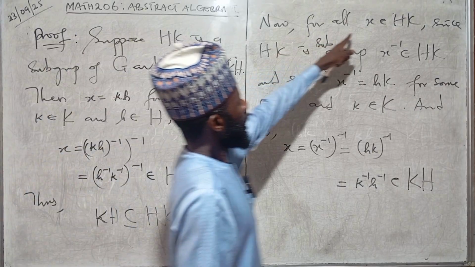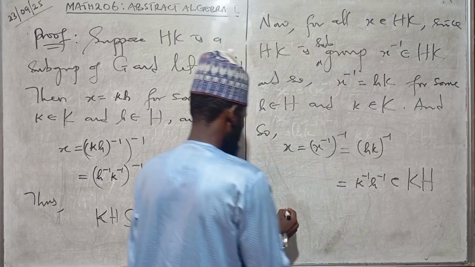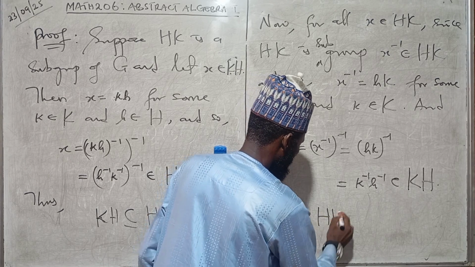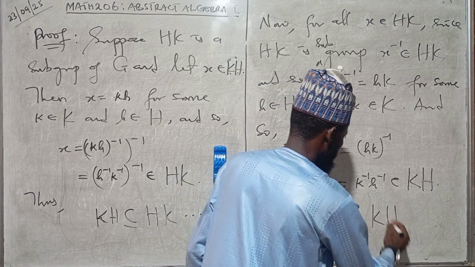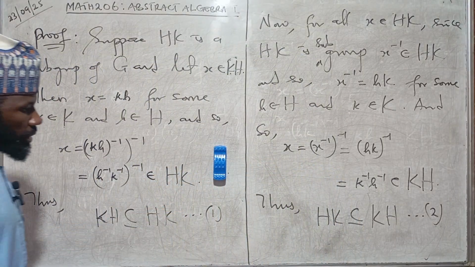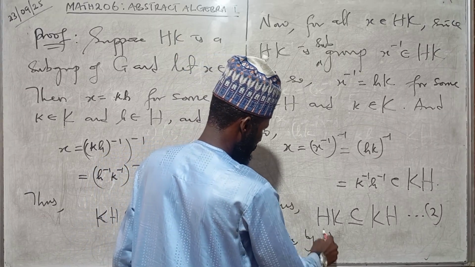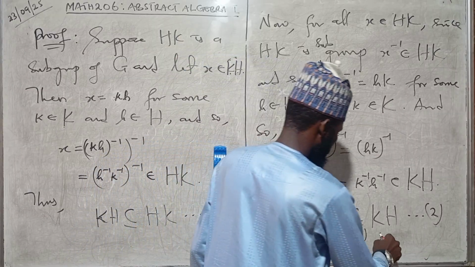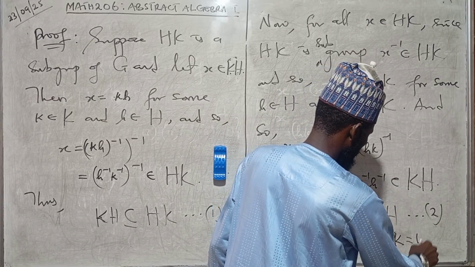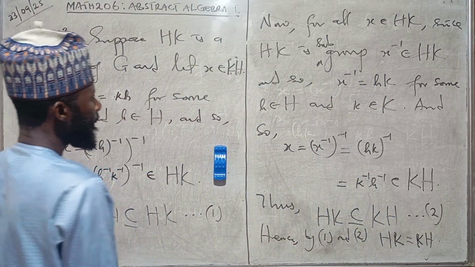We took an arbitrary element now, and every element you pick will end up being in KH. It means HK is a subset of KH. Call this equation 2. And then by 1 and 2, equality happens. So hence, by 1 and 2, we have HK equal to KH. So this is one way.